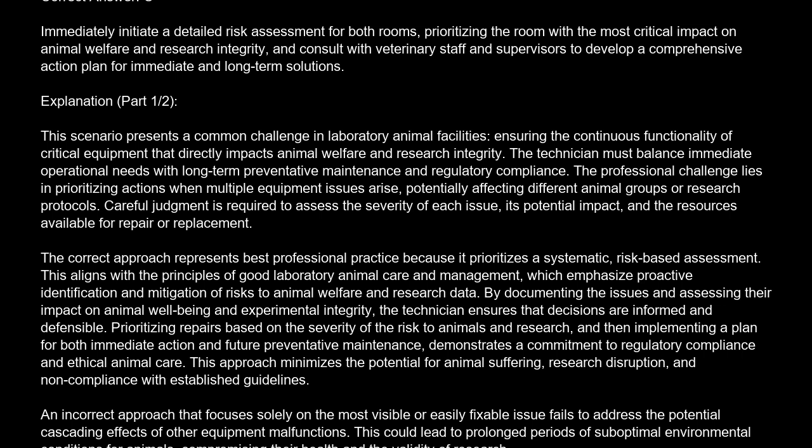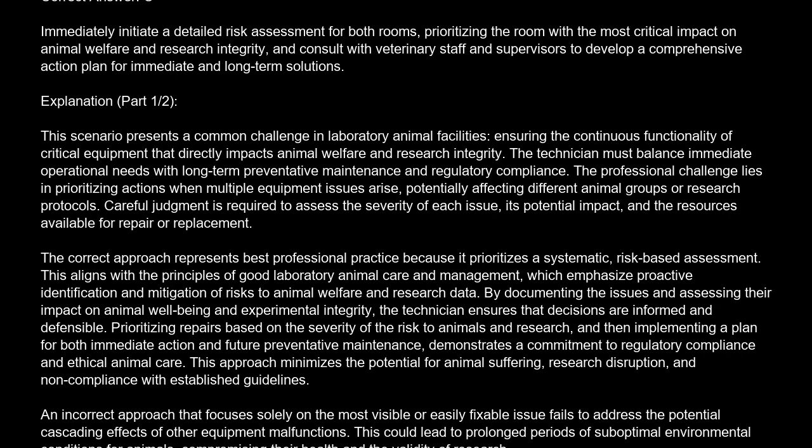This aligns with the principles of good laboratory animal care and management, which emphasize proactive identification and mitigation of risks to animal welfare and research data. By documenting the issues and assessing their impact on animal well-being and experimental integrity, the technician ensures that decisions are informed and defensible, prioritizing repairs based on the severity of the risk to animals and research.